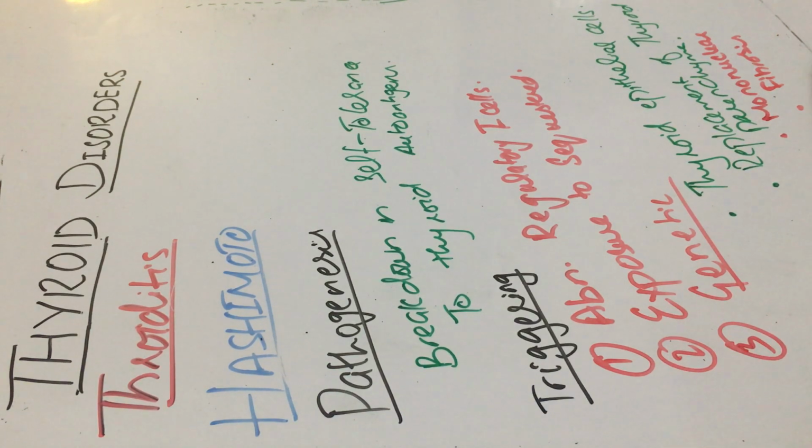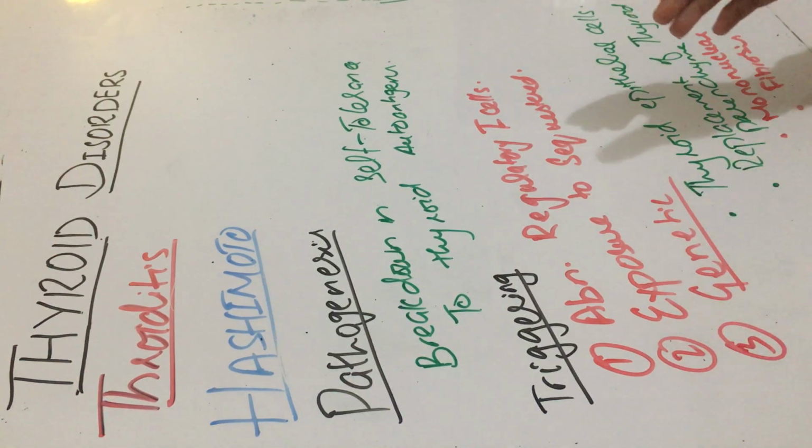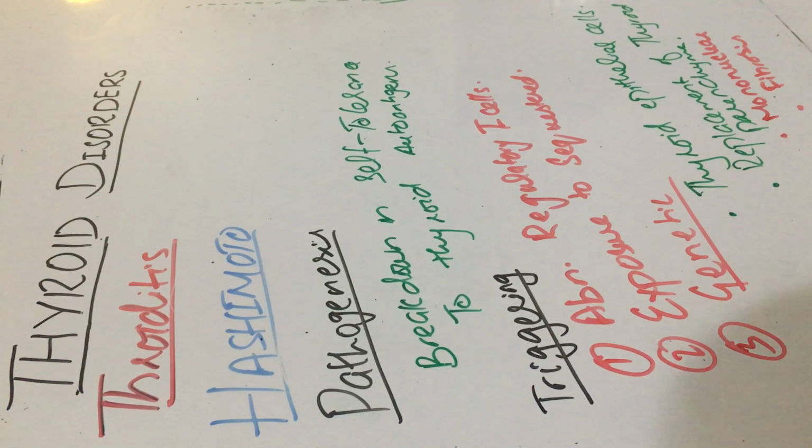So, what would occur in pathogenesis? We discussed that there would be a breakdown in self-tolerance to thyroid autoantigen, and the triggering agent was either the abnormality in regulatory T cells, or the exposure of the sequestered thyroid antigen to the immune cells, or any genetic mutation.